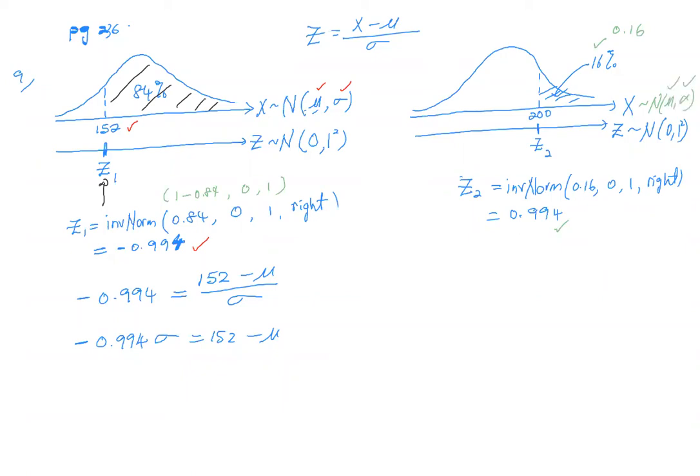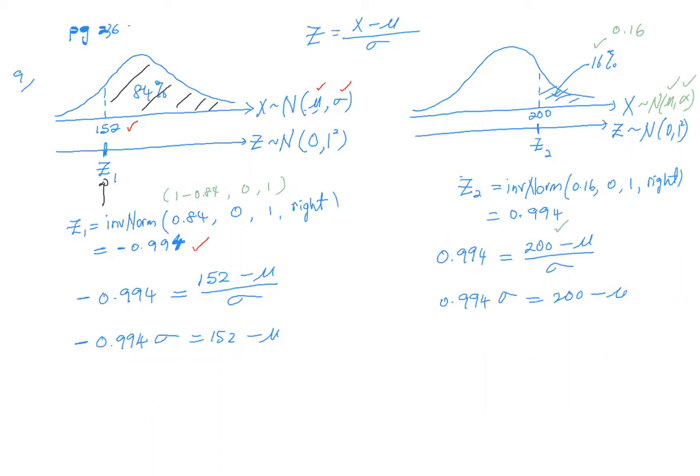Can I have the equation? 0.994 equal 200 minus mu over sigma. Okay, correct. So I have 0.994 sigma equal to 200 minus mu, correct?